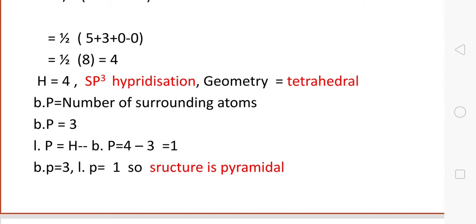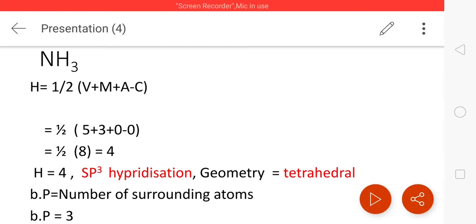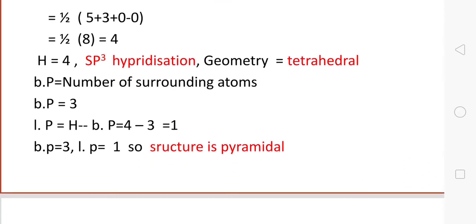Note that word, number of surrounding atoms. The atoms may be bivalent, trivalent or monovalent. So we have to know the number of atoms only. But in this formula for M, we have to find the number of monovalent atoms only.